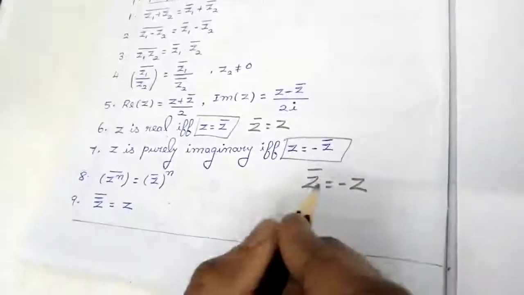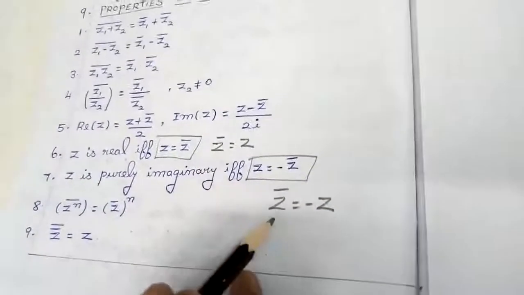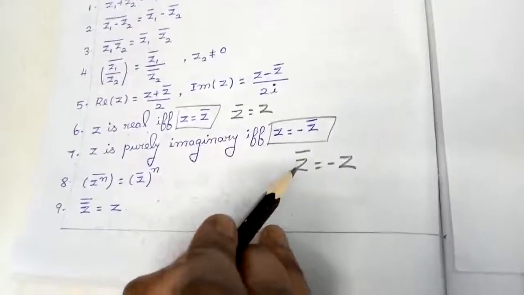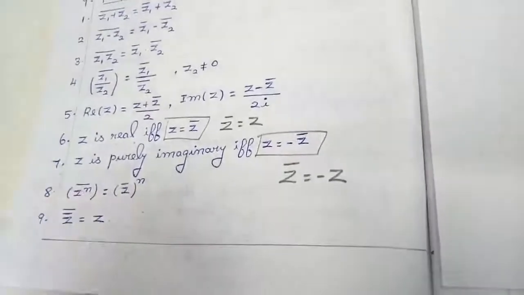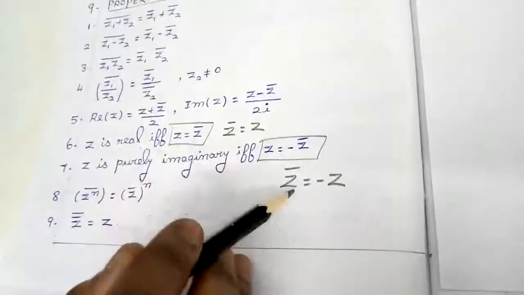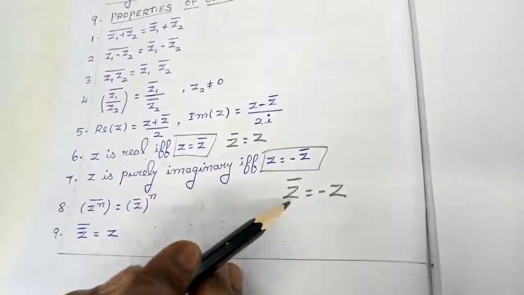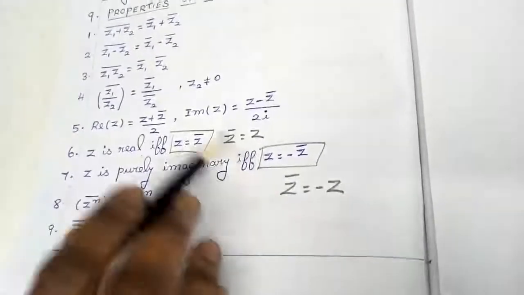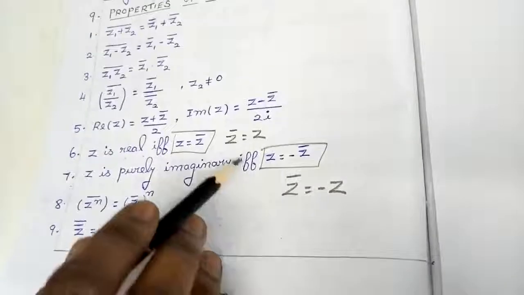You may ask me why they are changing and writing it this way. Based on this concept we have done an example problem in this video. That is the first sum I have done. Just check it out, this is the way I am calculating the answer, and both meanings are the same. Just verify, cross-check and see, you will understand the concept.